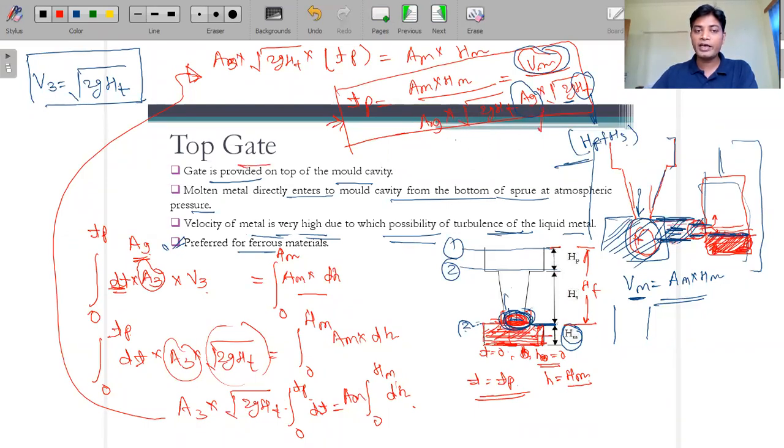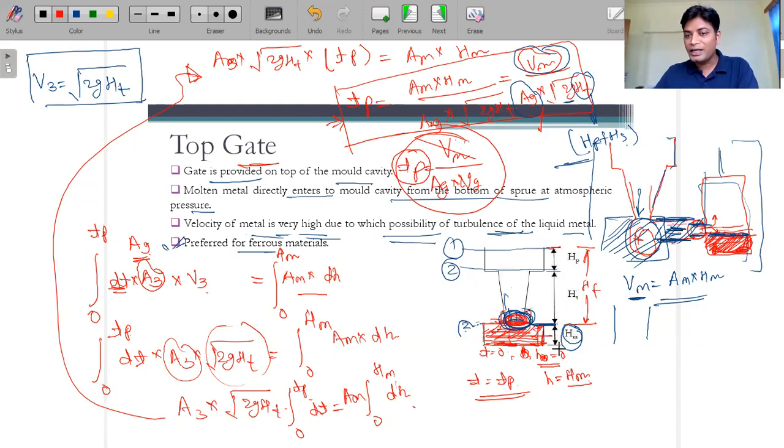In the top gate we calculated this formula, so this is Tp, the time required to fill by using the top gate, that will be equal to Vm upon Ag into root 2gHt. So this is Vg. Okay, so this equation, Vm by Ag into Vg, equals the time required to fill by the top gate.